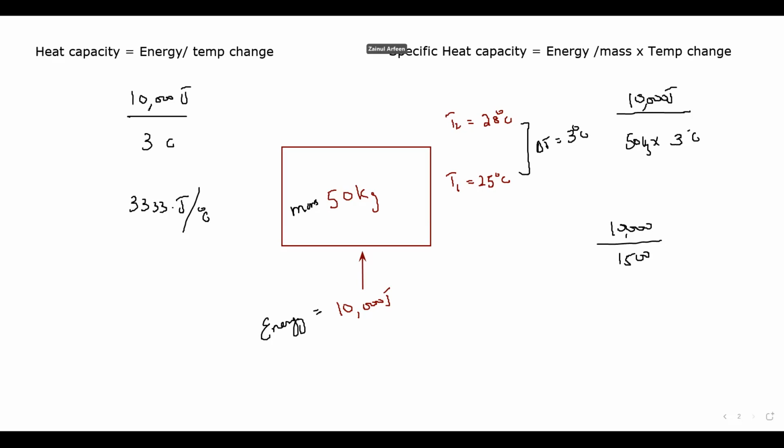It will be 66.6 joules per kilogram degree centigrade.